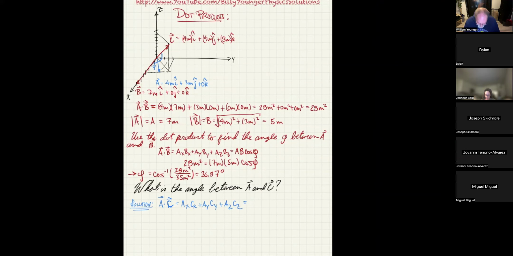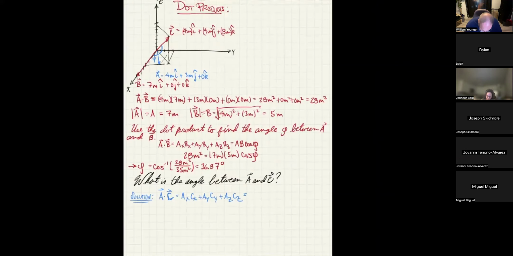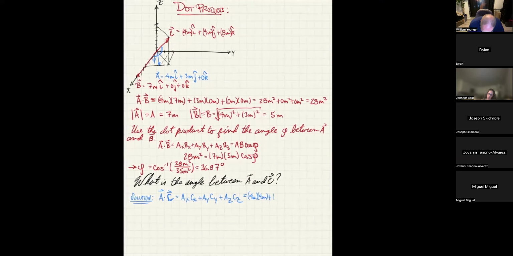I'm going to work that out, and let's see if we get the same result. Hopefully y'all got 28 meters squared as your dot product too.